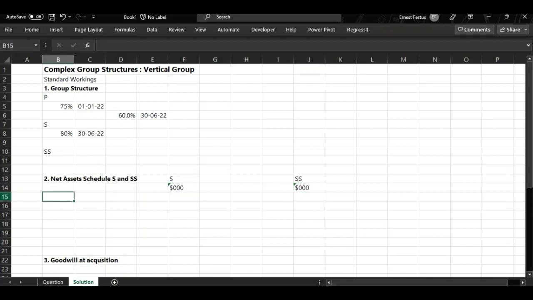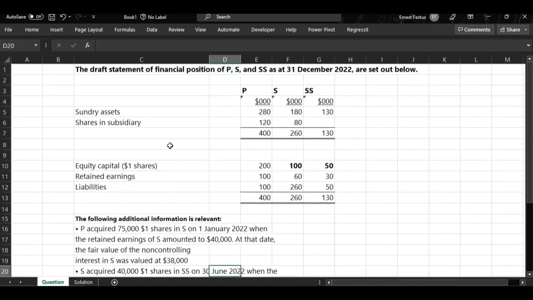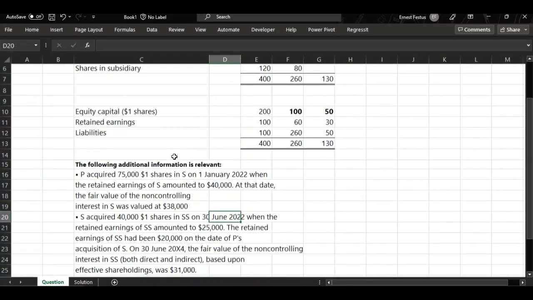Now we are going to start with the share capital. So in the net asset schedule, we always start with the equity capital or the share capital.